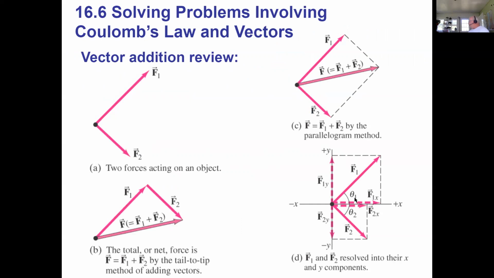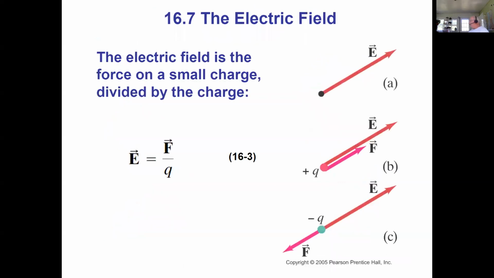And the way to do that is to use the angle and the magnitude of the force. So we'll use the cosine function for x components and the sine function for the y components. But again, we'll have a tutorial that shows you how to do that. And then the next stop is electric field.